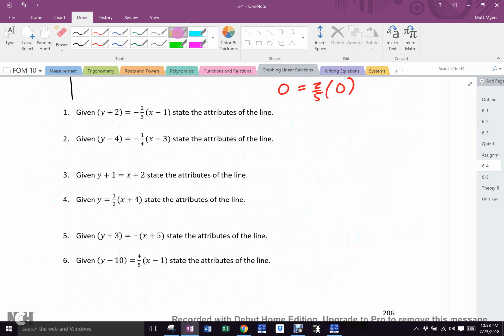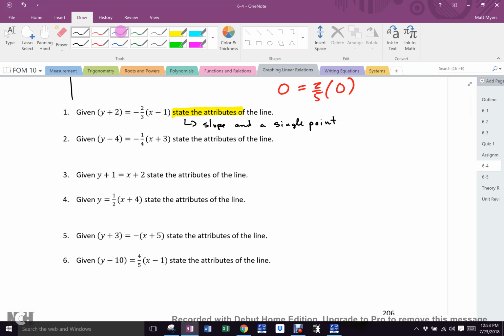Now, all you have to do is read this. When I ask for the attributes of a line, that means I want the slope and a single point. Because if I know the slope and a single point, can I draw the rest of the line all the way to infinity? Yes, because it's a line and slope is rise over run. Up and over, up and over, up and over, forever.